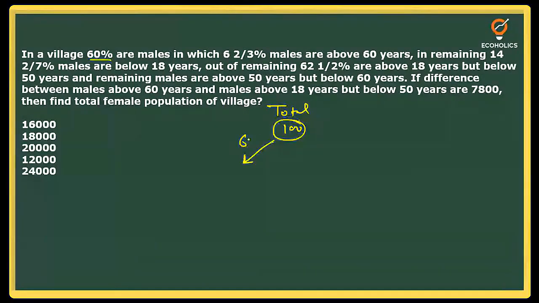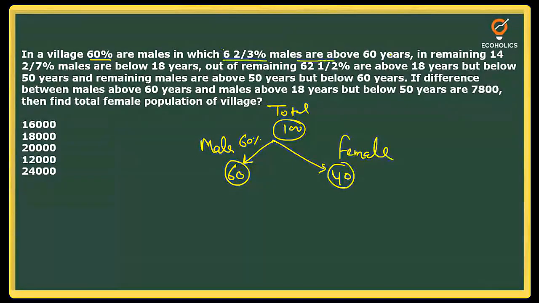So if 60% are male, females will be 40%. Yes or no? Now, 6 2/3% males are above 60 years. It is not 62/3, it is 6 2/3.